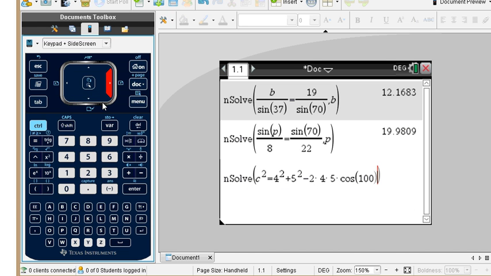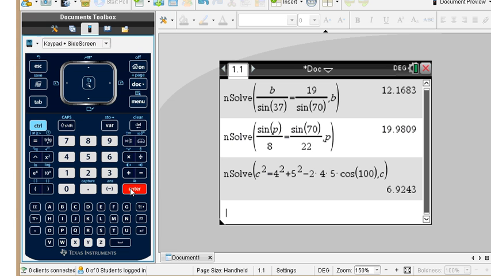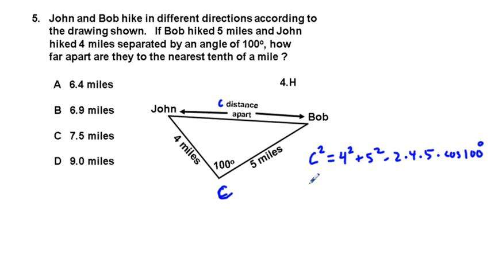We come over here and press comma. C is the letter we use for the unknown. So we get 6.92 miles. Let's look at that.